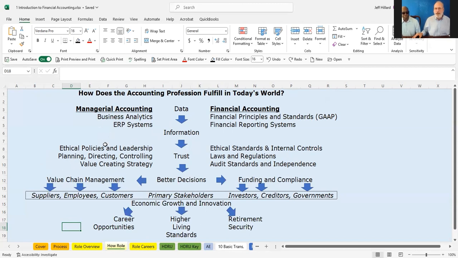We'll learn all about these when we do managerial accounting, probably in the next course. But this is really value chain management on this side, funding and compliance on this side, serving the primary stakeholders who are investors, creditors, and governments, whereas in managerial accounting, since we're working within the company, we have suppliers, employees, and customers. And really, this is the basis for modern capitalism.